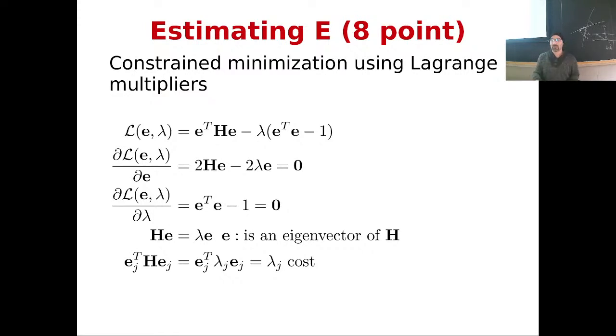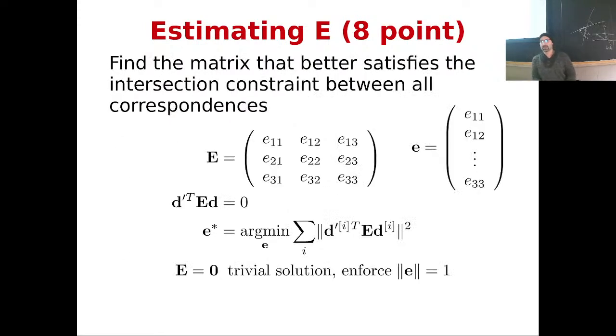For instance, extracting R and T. That's basically the game of the 8-point algorithm. It's called the 8-point algorithm, this program over here, because it requires at minimum 8 points to find the solution.